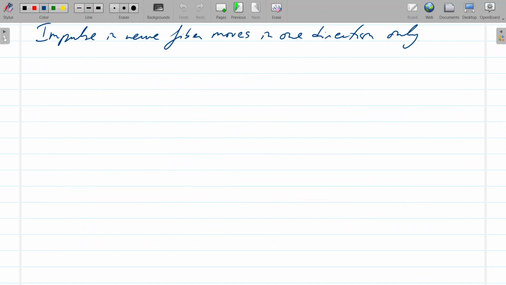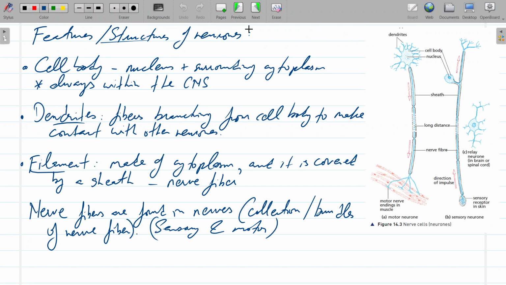And why do sensory neurons and motor neurons have different structures from one another? The thing is that sensory neurons detect a sensation, like a signal from some part of the body.